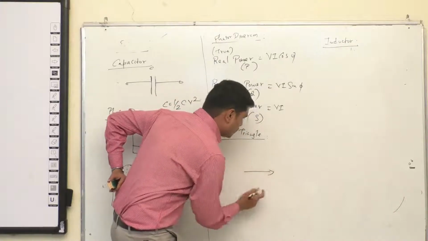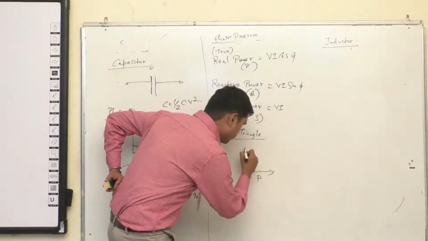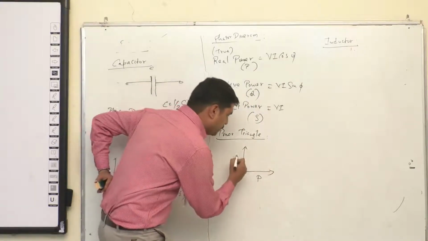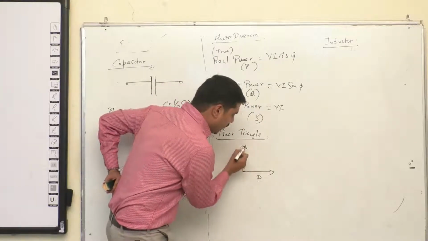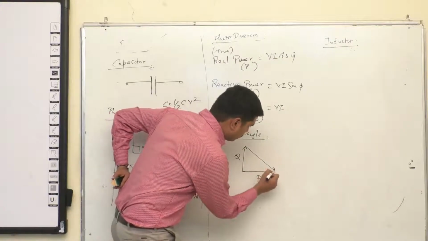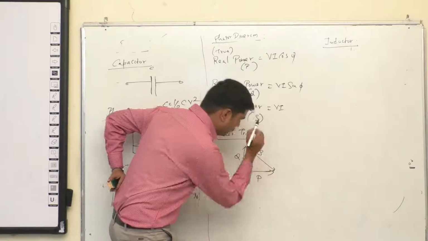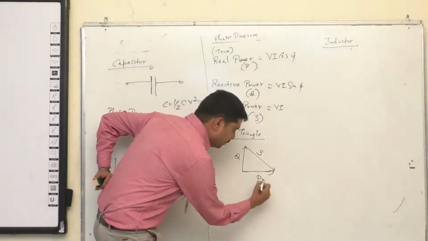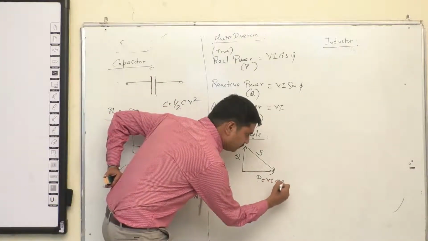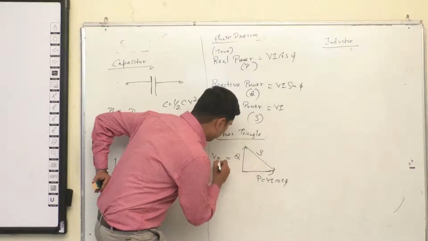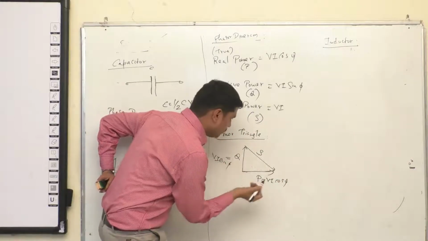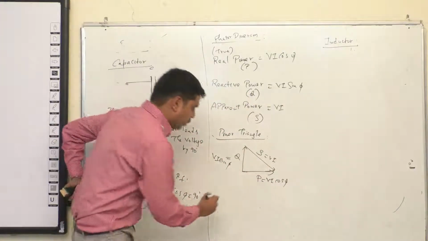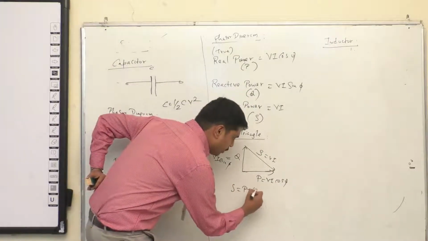So we can draw a power triangle using these three: real power, reactive power, and apparent power. Real power is one side, and quadrature to that real power is the reactive power. If you add these two, you get the apparent power. So P is equal to VI cos phi, Q is equal to VI sin phi, and S is equal to P plus jQ.